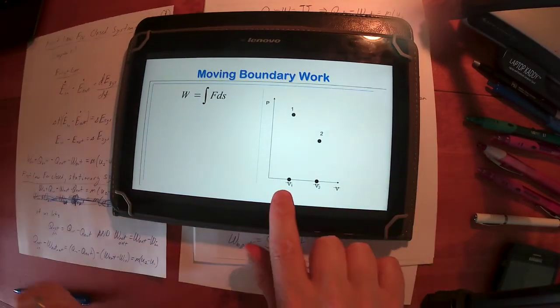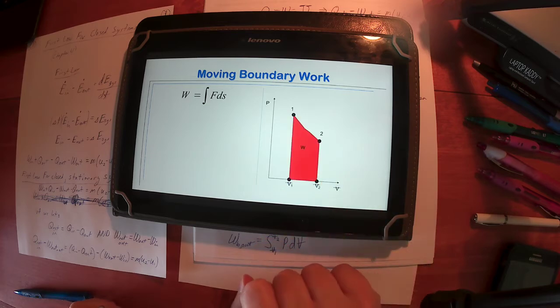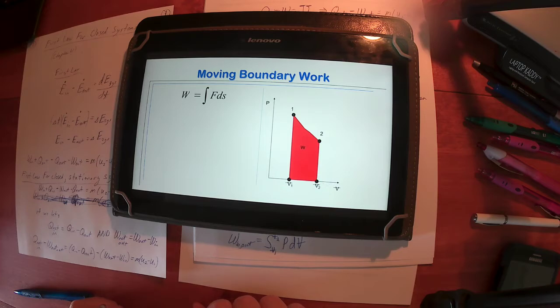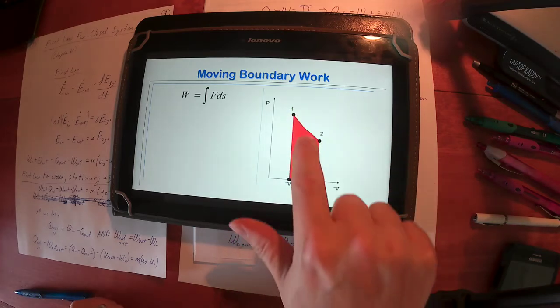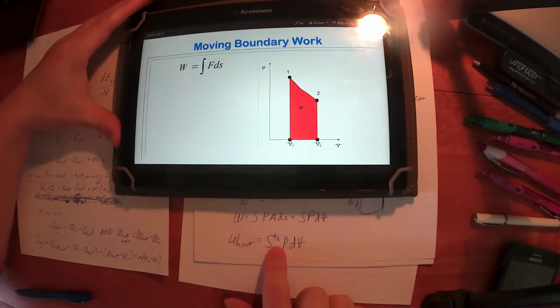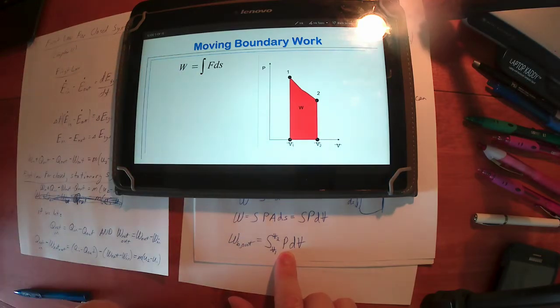If I go from one volume to another, if I expand, the area bound by this curve, to get from this pressure-volume combination to this pressure-volume combination, the integral of pressure with respect to volume, represents the work done to achieve that.